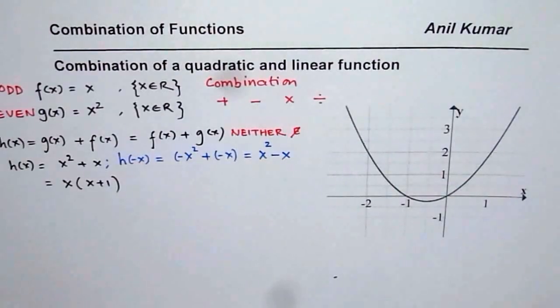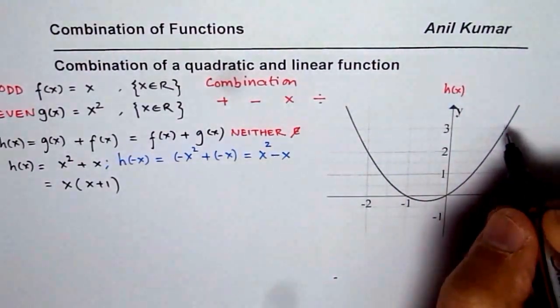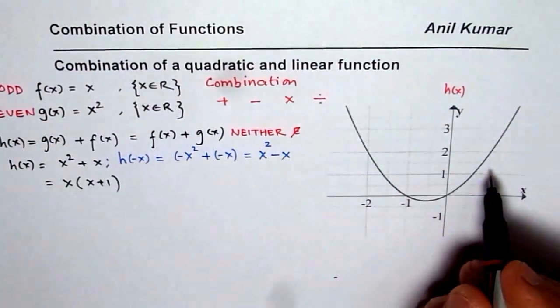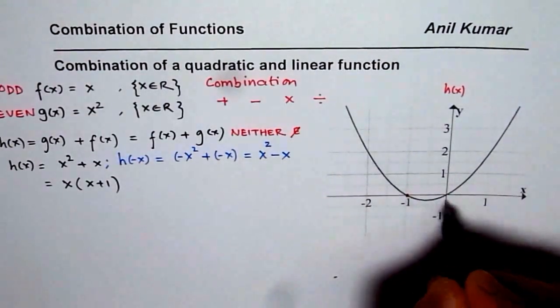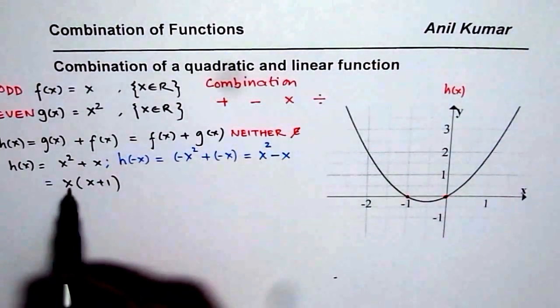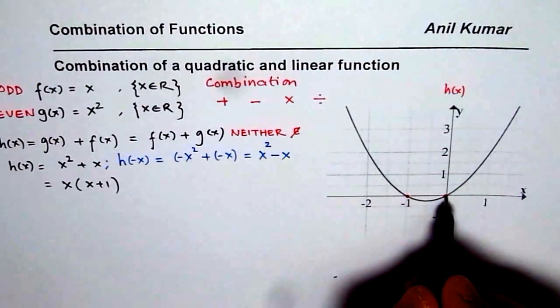This is the function which I have drawn. It is h of x, where we are combining the linear function and the quadratic parent function, right? Here, as you can see from the graph itself, we have two zeros. One zero is at minus 1, the other one is at 0.